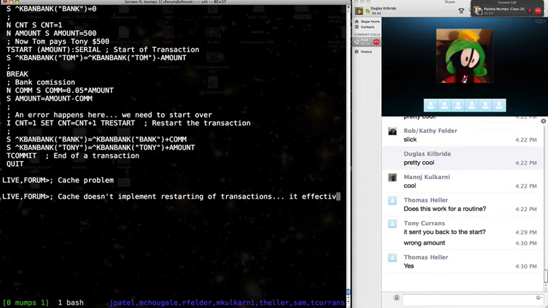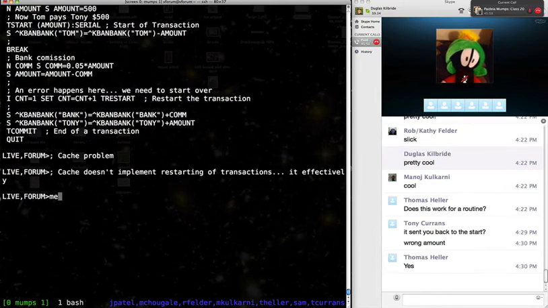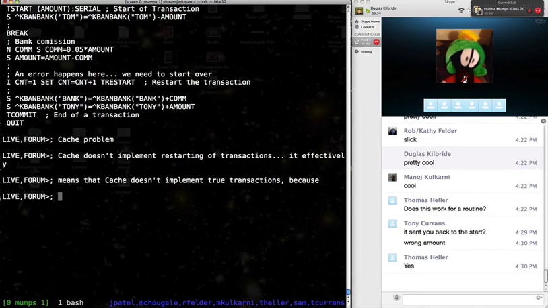So it effectively means that Cache doesn't implement true transactions, because a restart argument on TSTART is required, which is these parens.